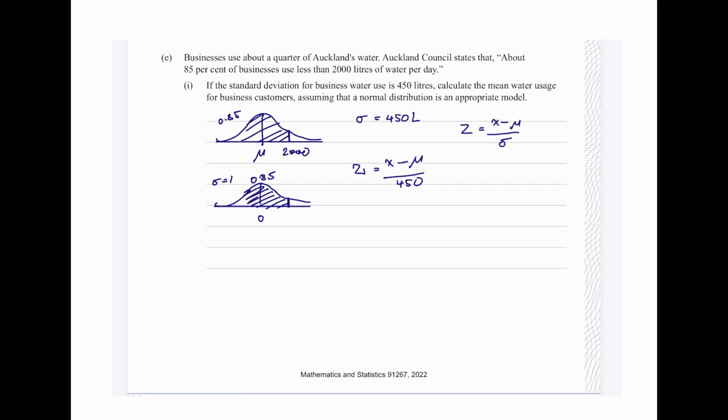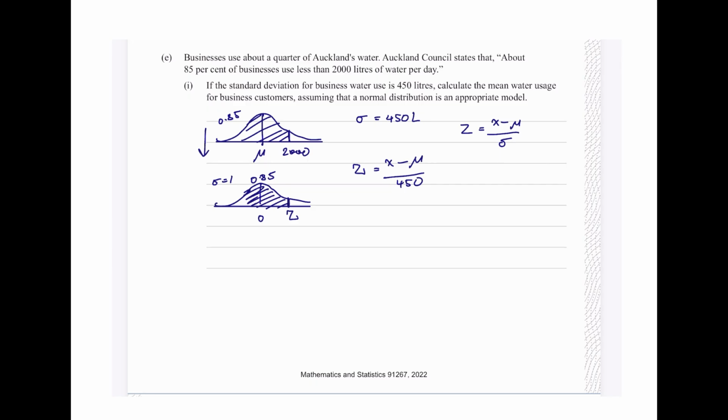So all we're doing is translating this normal distribution down into a Z distribution, but because the Z distribution is a normal distribution, we're taking that same area, or probability under that curve, and we want to find the Z value for that.